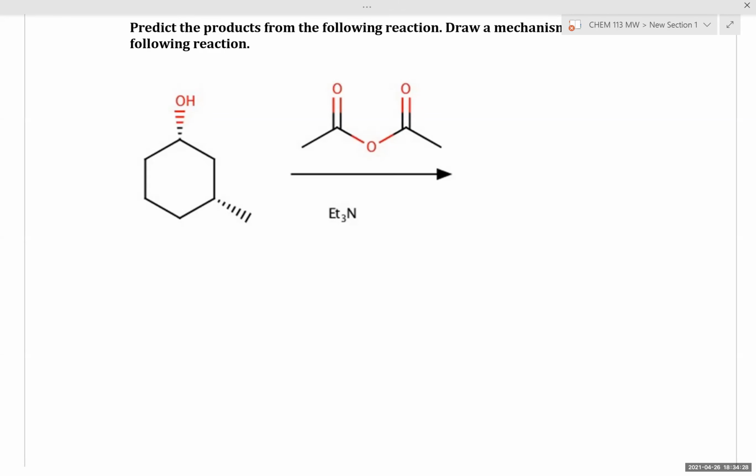Is there a question I can address to advance our discussion as we work through this example? So we have a nucleophilic alcohol, we have an electrophilic anhydride, and we're working under neutral to mildly basic conditions. So what's going to happen if we have a nucleophile and an electrophilic carbonyl carbon for our anhydride?